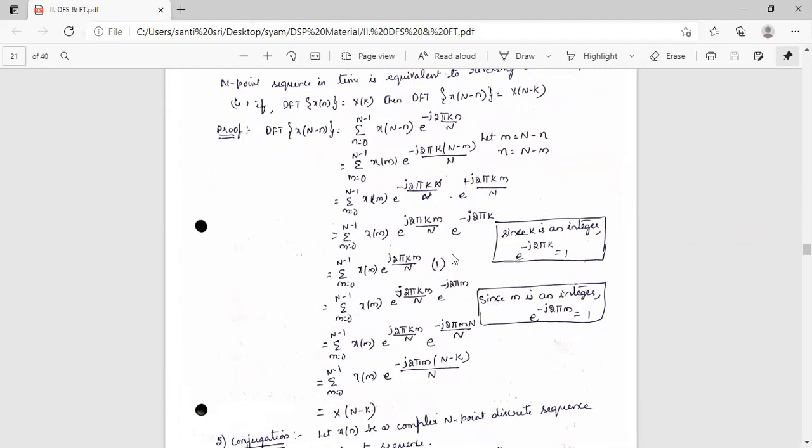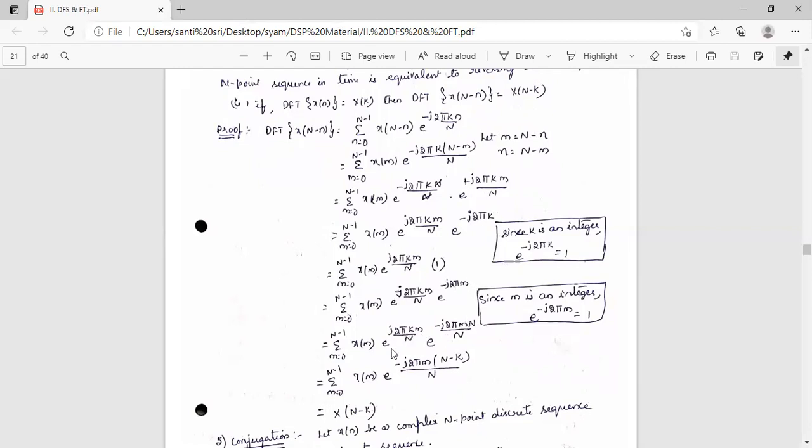Here 1 will be written as e power minus j 2 pi m, since m is an integer. Here k is replaced by m, so it is minus j 2 pi into m, which can be written as into N by N.